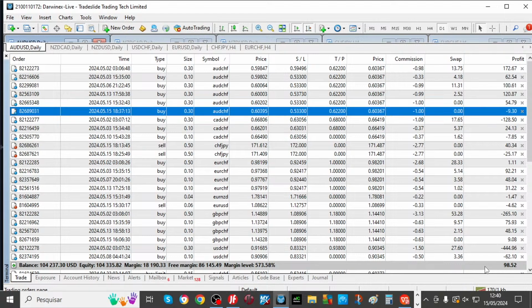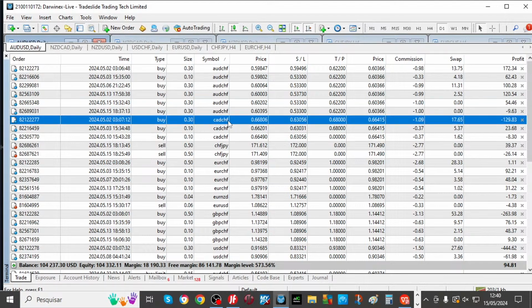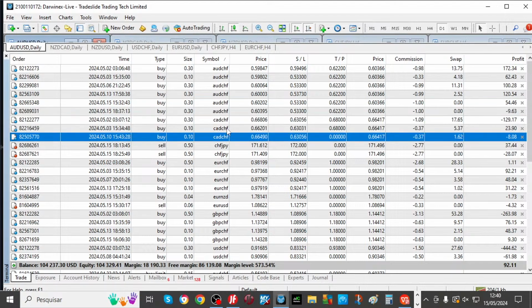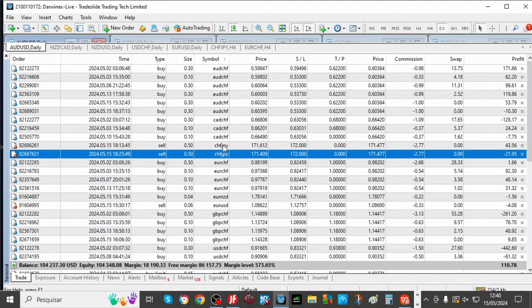But nonetheless, the CHF is overvalued, so we are going against the CHF for the last 2 months. I'm buying AUD against CHF. I'm buying Canada against CHF. I'm shorting CHF JPY today.